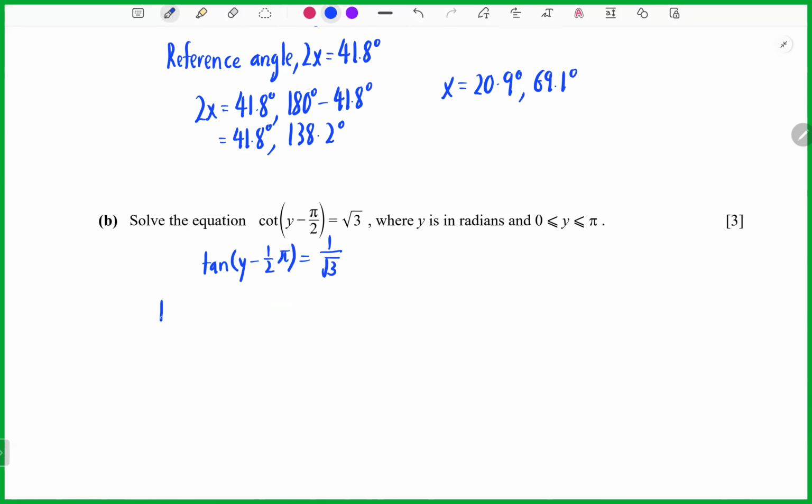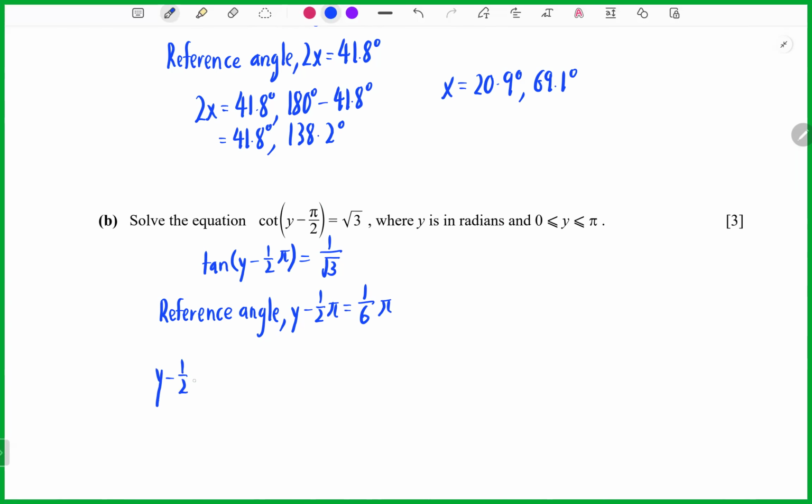So you can write out here the reference angle: y minus 1/2 pi will equal tangent inverse of 1 over 3, which equals 1/6 pi. Okay, now we can try to find out the angles.